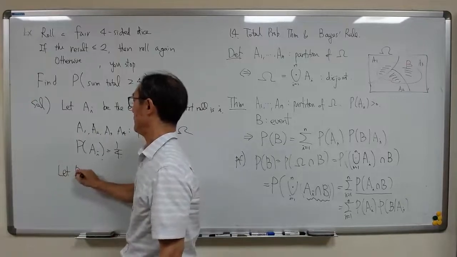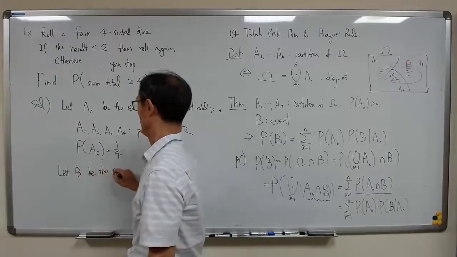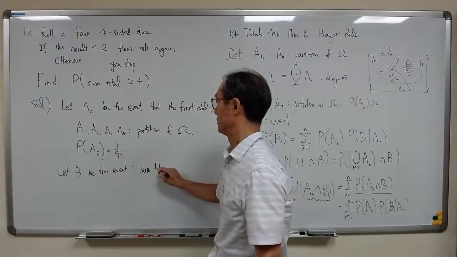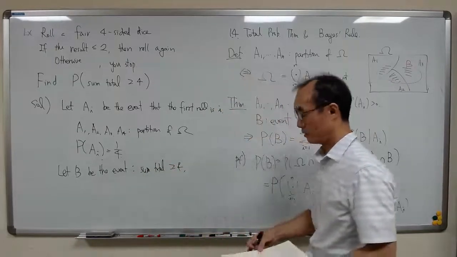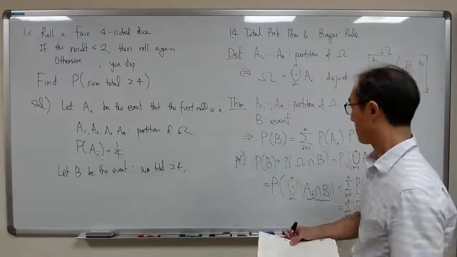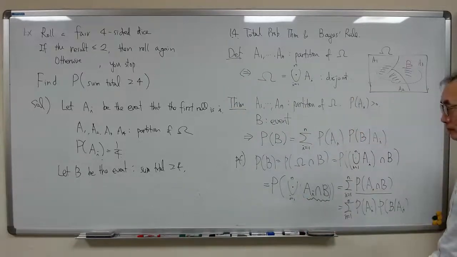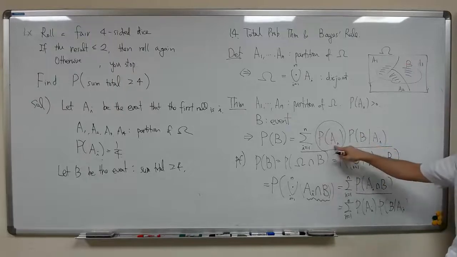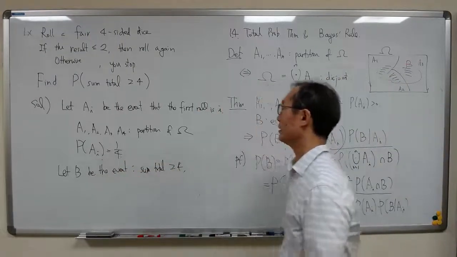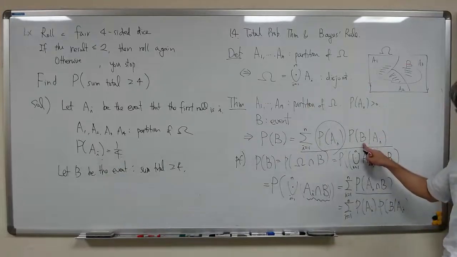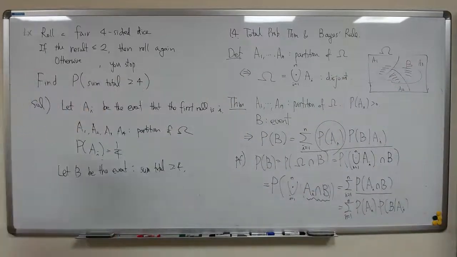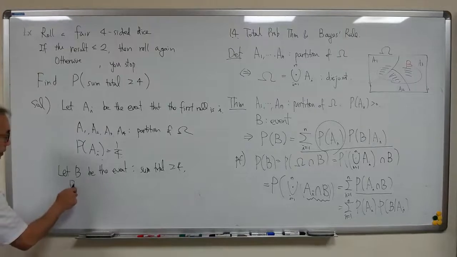Now, let's say B is the event that the total sum is greater than or equal to number 4. Then to apply the total probability theorem, we know the probability of each individual partition. All we need to compute is the conditional probability of this event with respect to each partition.